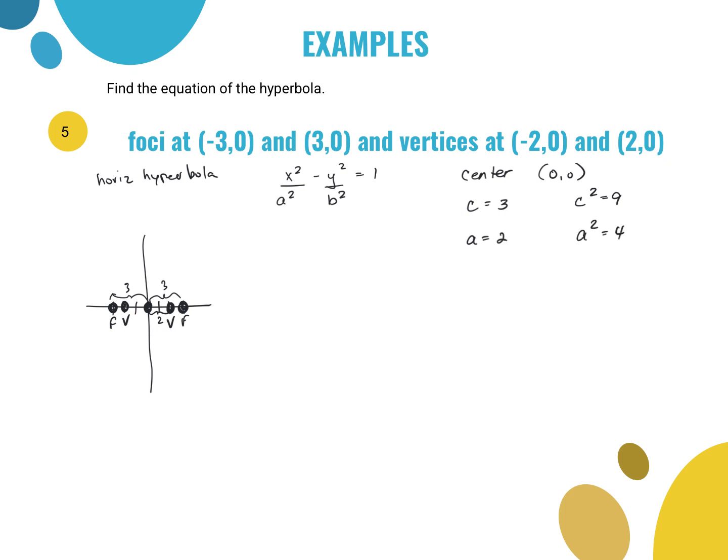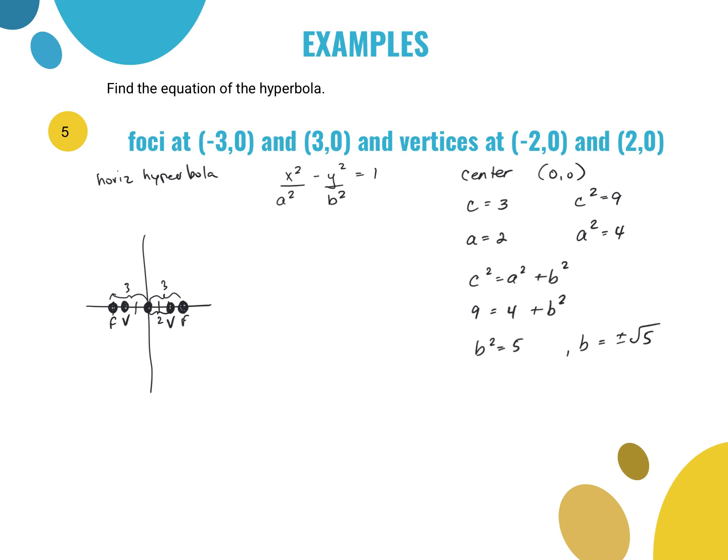If I have C squared and A squared, I can use my formula: C squared equals A squared plus B squared. 9 equals 4 plus B squared, which means B squared equals 5. That also means B equals positive or negative square root of 5, but I don't know that that's going to matter right now.